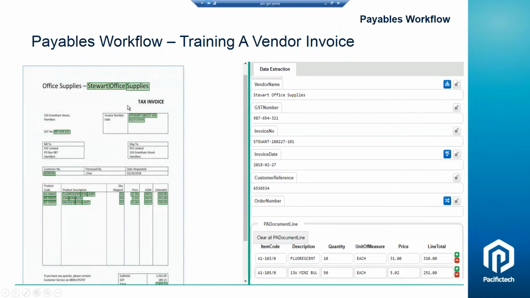You can see the invoice image on the left-hand side and the data fields on the right-hand side. On the left-hand side, they've got green over them. When you send in your first invoice, the system will actually work out quite a lot of the information itself. And this is where it's got some quite good intelligence within the system.